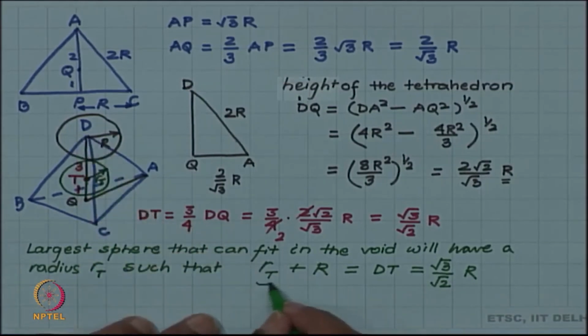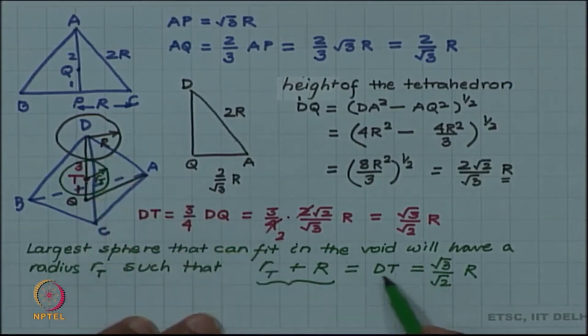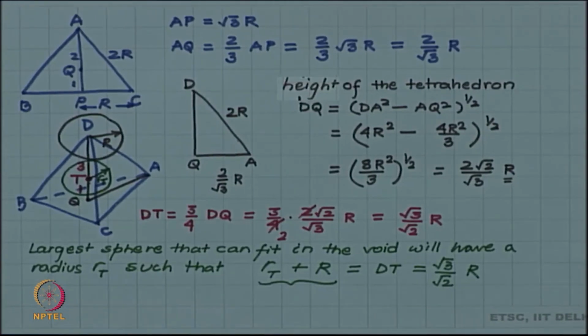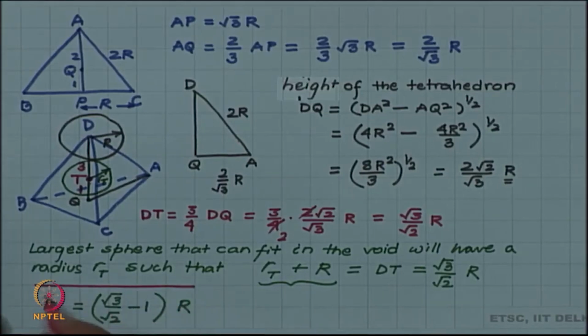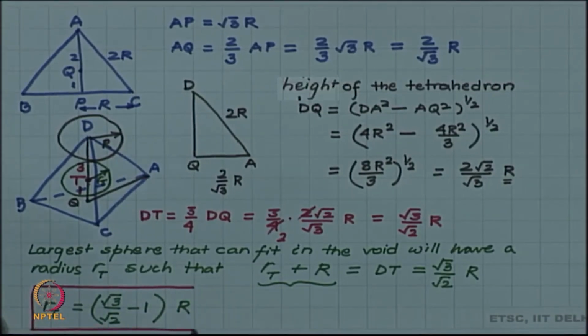So, the sum of their radii, the sphere which is fitting in the tetrahedral void, R T, and the sphere which is sitting at the corners of the void, which is defining the void, capital R, should be equal to the distance between corner and center, which is what we have found, DT, which is root 3 by root 2 R. So, now it is a simple matter to calculate the radius R T. So, R T becomes root 3 by root 2 minus 1 R. So, we have solved the radius of the largest atom which will fit in the tetrahedral void as root 3 by root 2 minus 1 R.